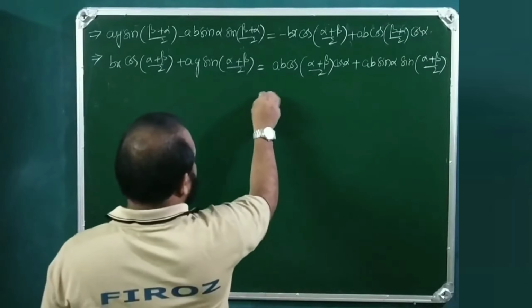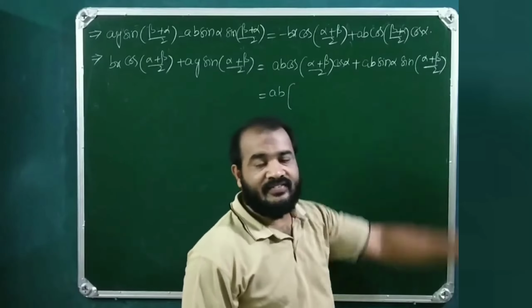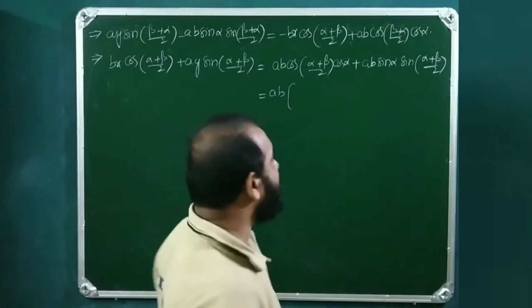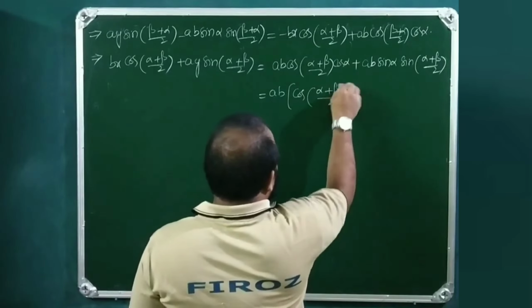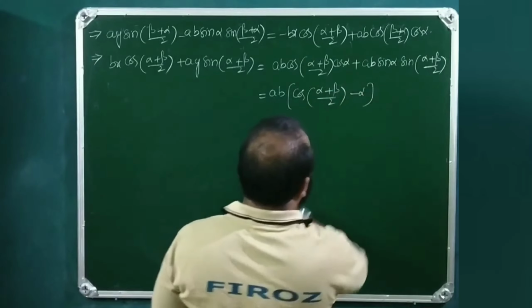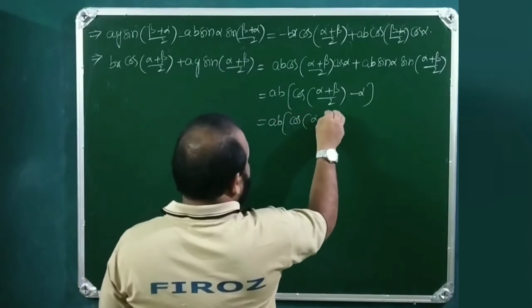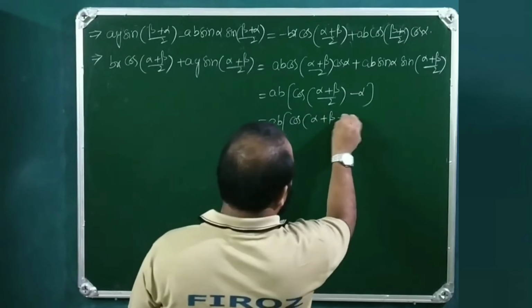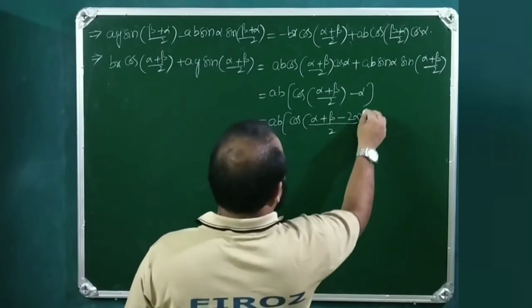This is equal to ab, this is cos A cos B plus sin A sin B, cos (A minus B), so cos ((alpha plus beta) by 2 minus alpha). This is equal to ab cos ((alpha plus beta minus 2 alpha) by 2).